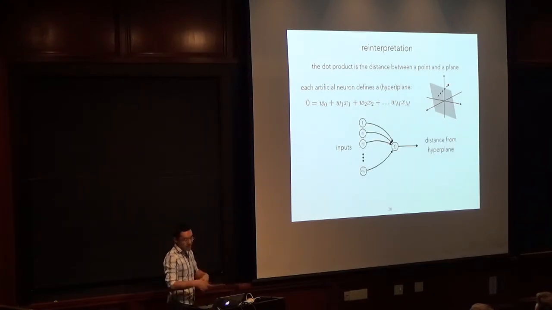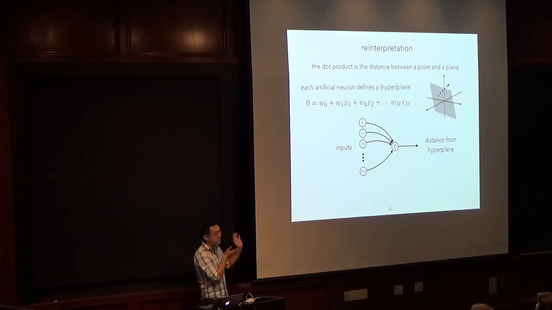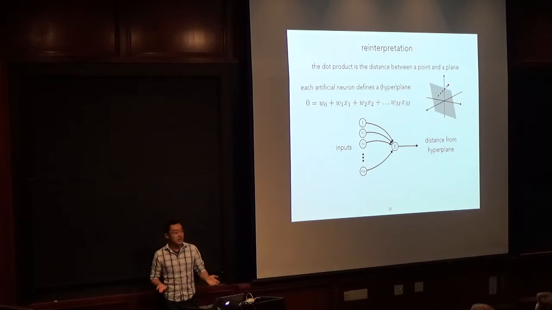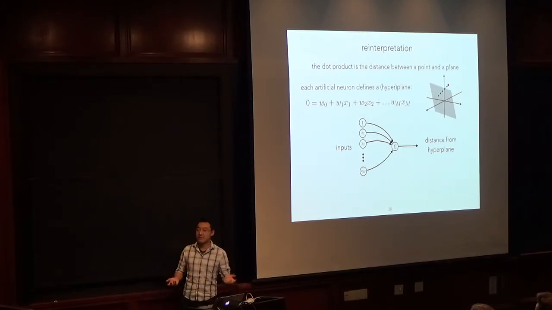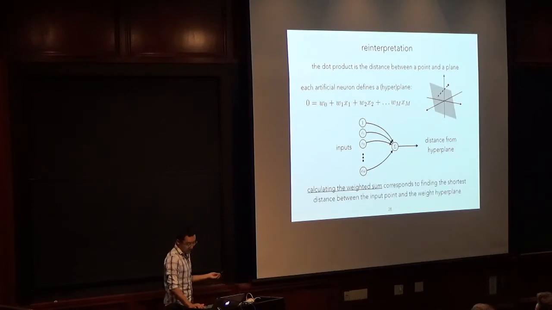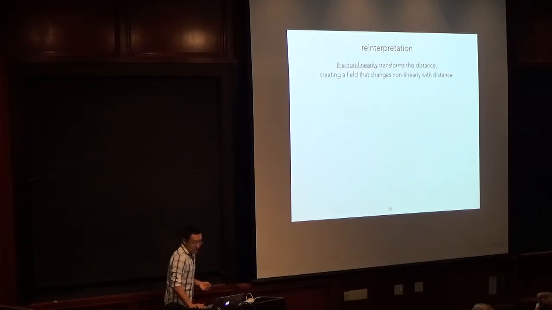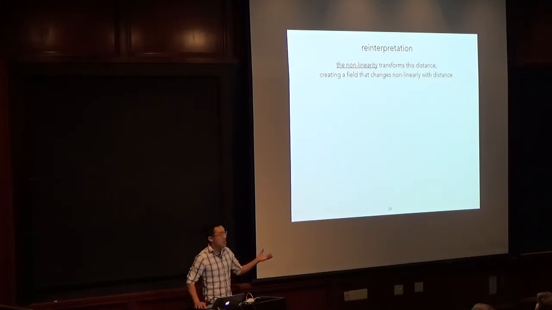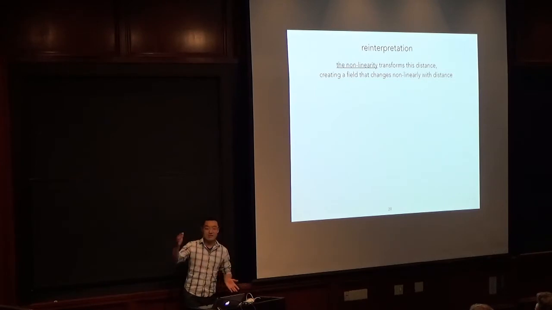And so the output, before we apply the nonlinear transformation, just the raw output of the sum, is the unnormalized signed distance of that point to this hyperplane. Now, when we apply this nonlinearity, we do a nonlinear transformation of this signed distance. So we stretch parts of it, or we compress other parts of it.